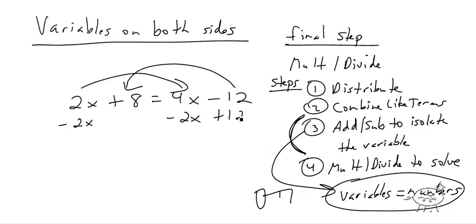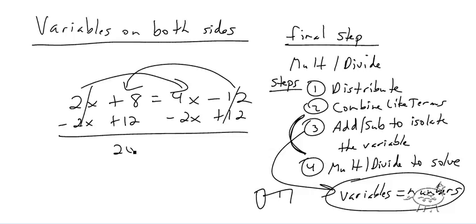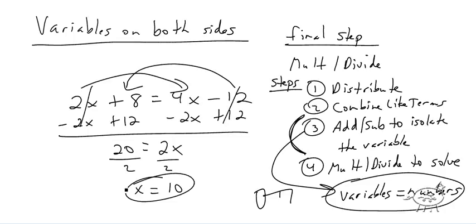That means I add 12 to both sides. That cancels, and I get 20 equals 2x. Then I divide both sides by 2, and I get x equals 10. Don't write it as 10 equals x. x equals 10. And that's it. That's not too bad, right?